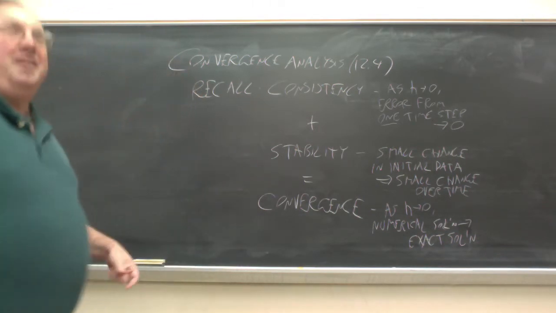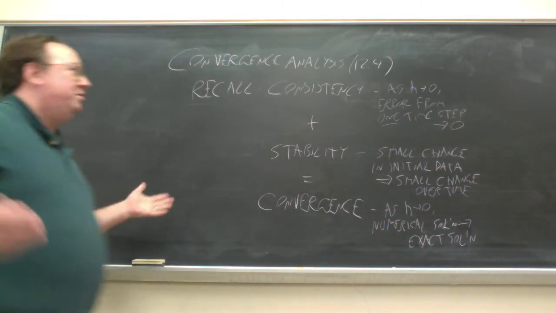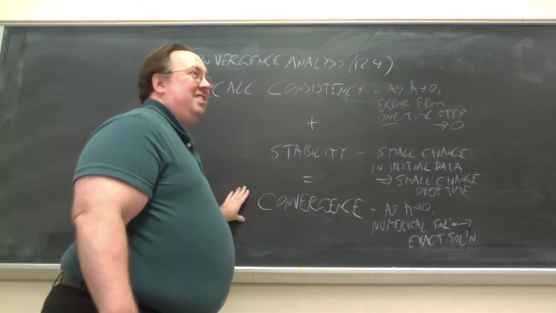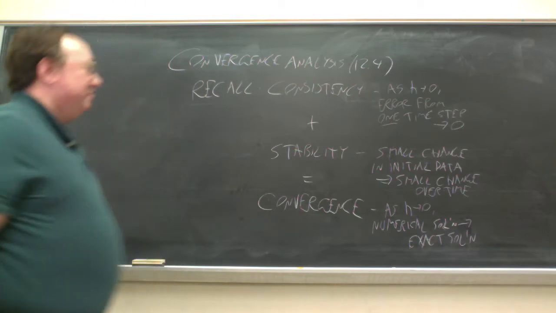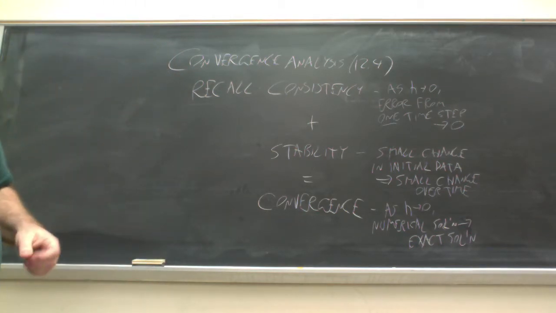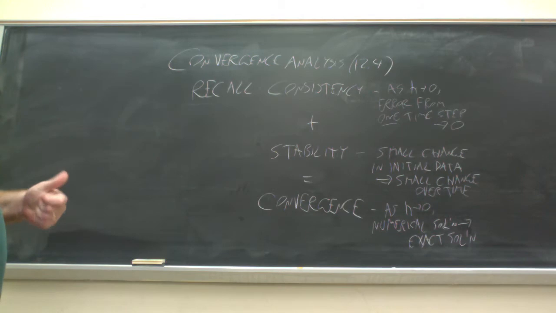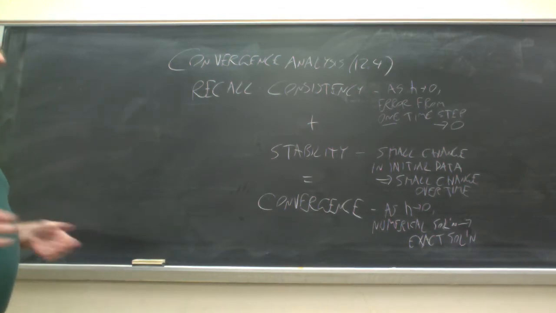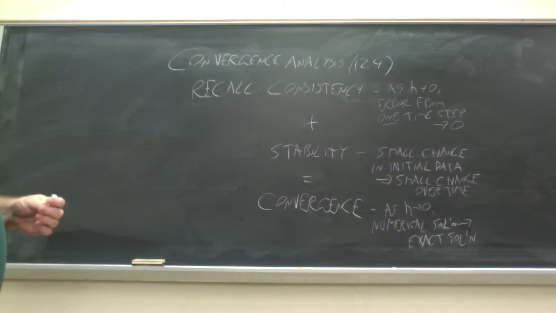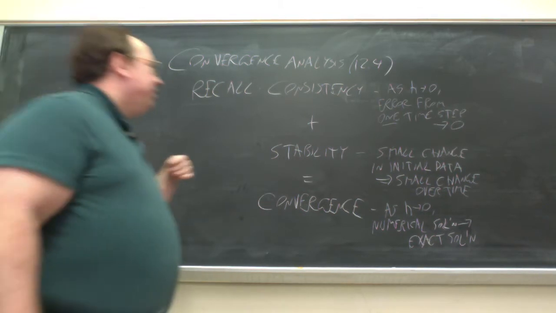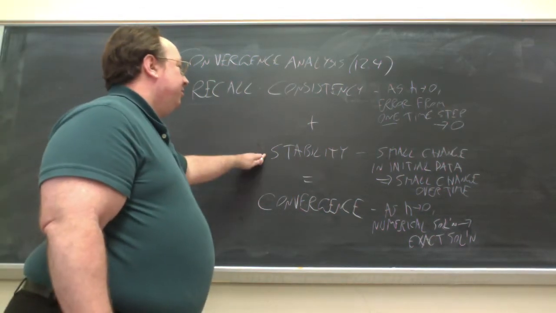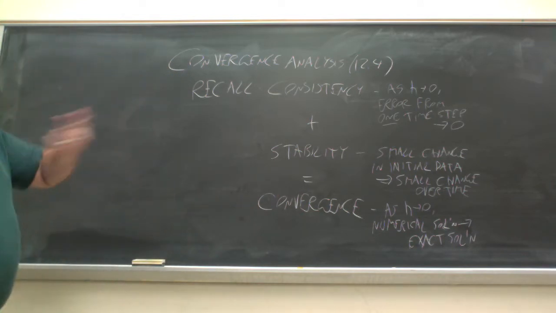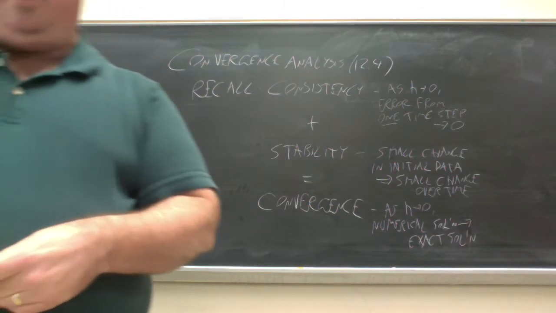Someone was nice enough to prove that these two imply this, which makes things a lot easier whatever method you're given, whether it's a Runge-Kutta method, a one-step method, or an Adams-Bashforth method, which is a multi-step method. Last time I went over how you check consistency and stability for a one-step method. Now we're going to forget about that and take up these same things for multi-step methods.